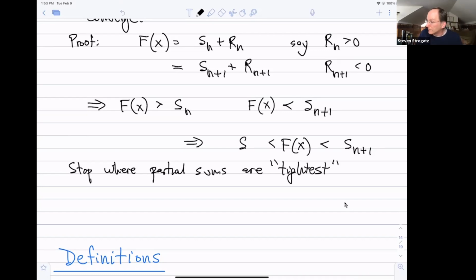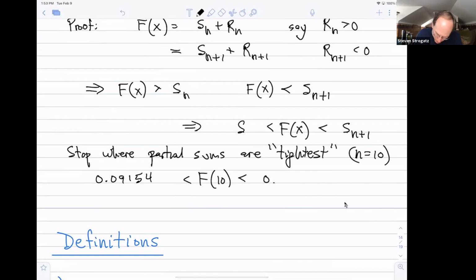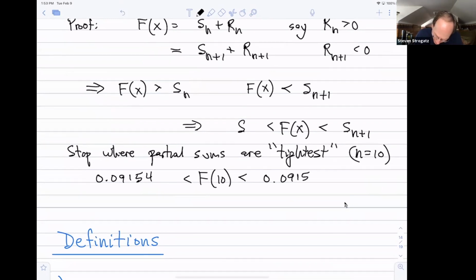And if you do that, that corresponds to n equals 10, you can then conclude that f of 10 is between those two partial sums that we see there, 0.09154 and 0.091582 or so. Actually, I feel like we could have done better than that.